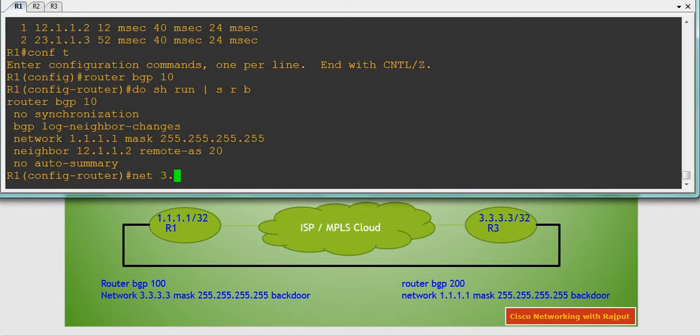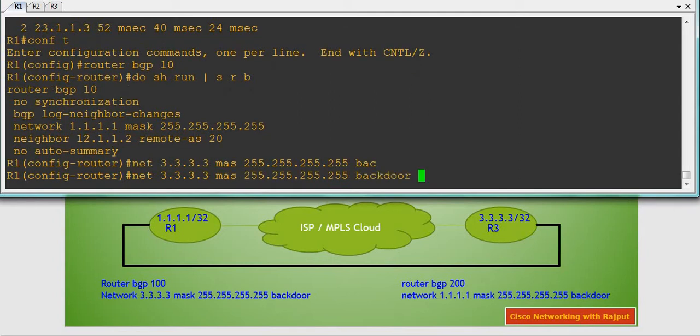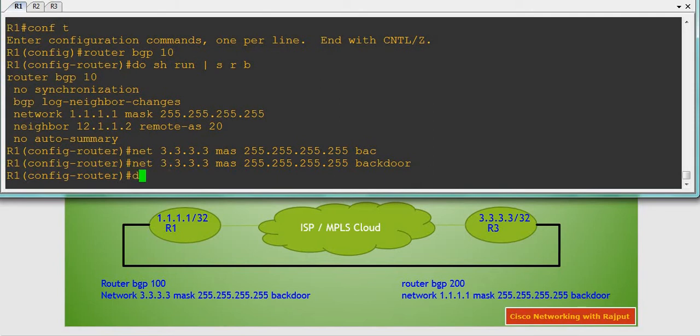Network 3.3.3.3 mask 255.255.255.255, and here comes the keyword backdoor. So on router 1 we are entering the network statement for the 3.3.3.3 subnet as a backdoor, and we need to clear ip bgp 12.1.1.2.